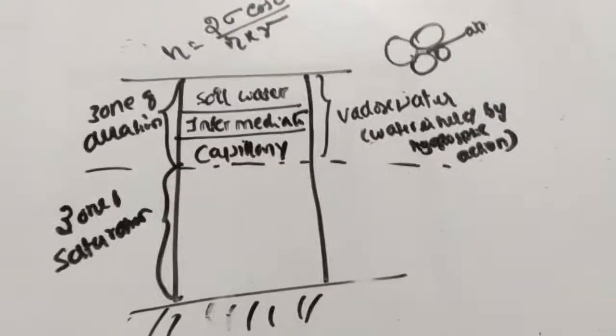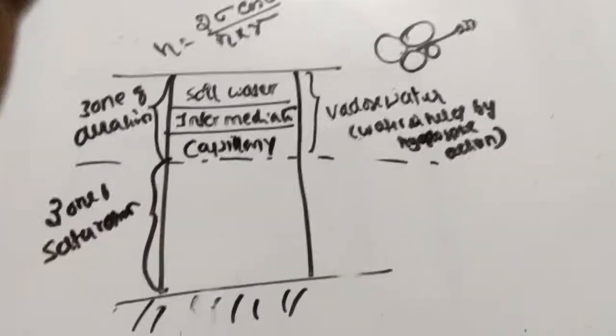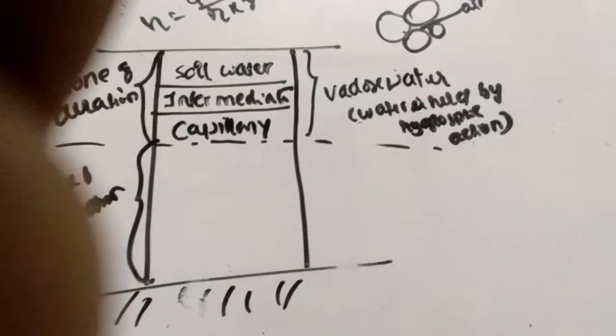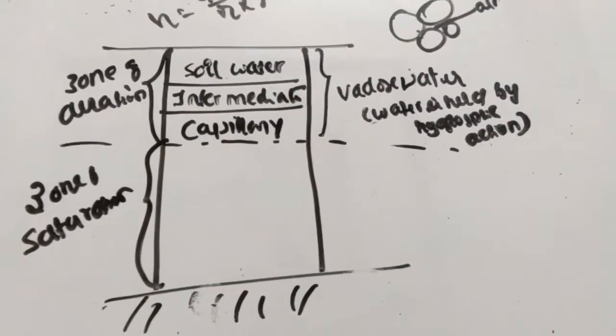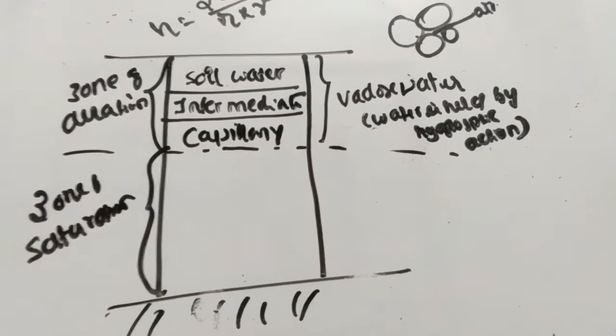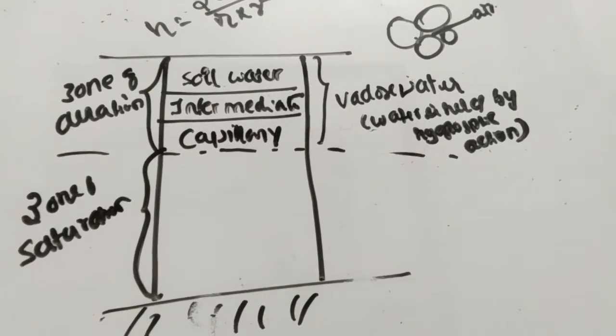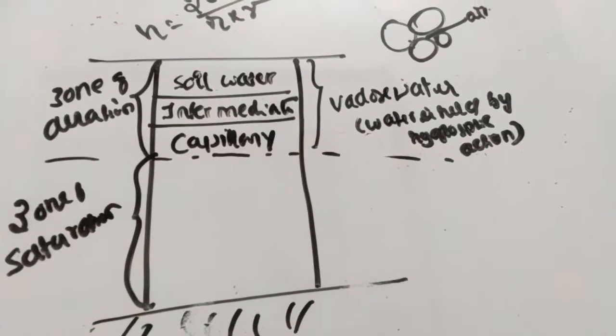This we studied in the last chapter also. Here, as I told, the zone of aeration is different from the zone of saturation. In the zone of aeration, the water is held by hygroscopic action or capillary action.